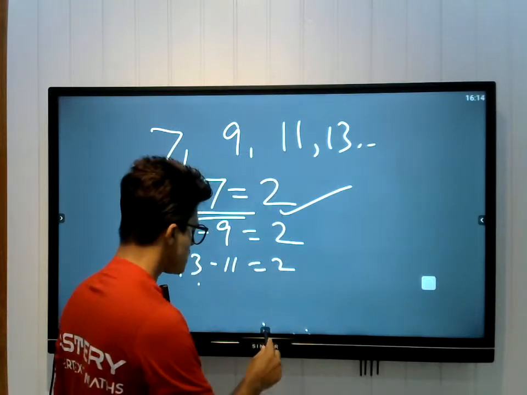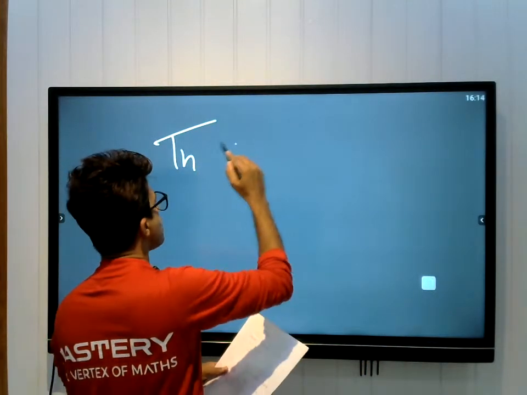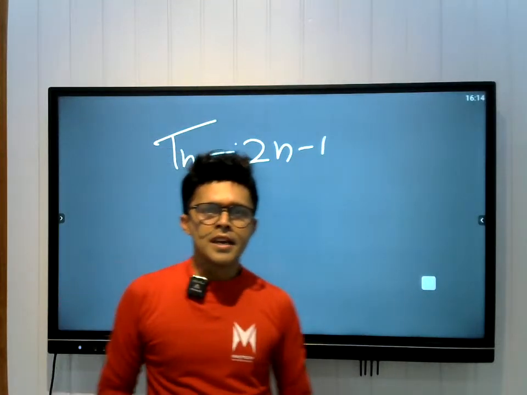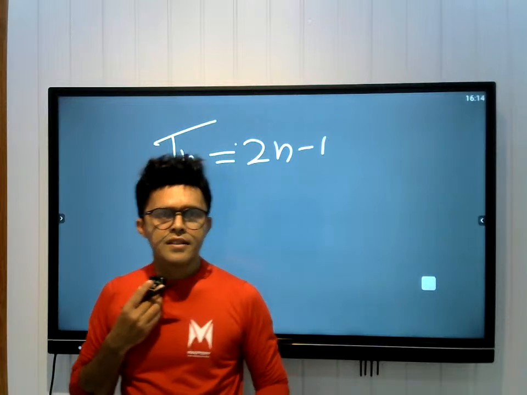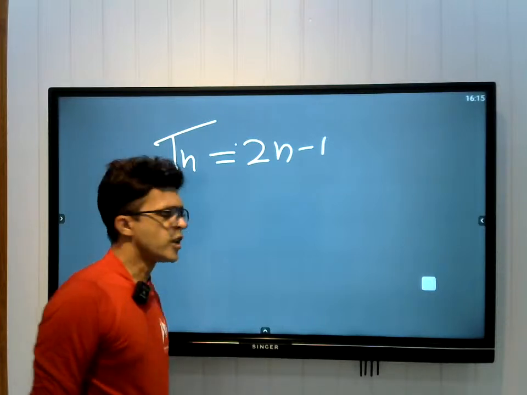Okay, the nth term is Tn equals 2n minus 1. You need to find the 20th term.